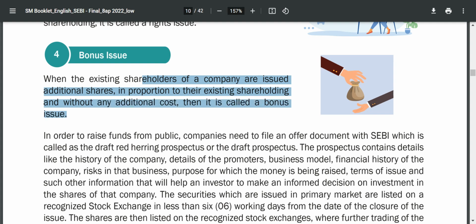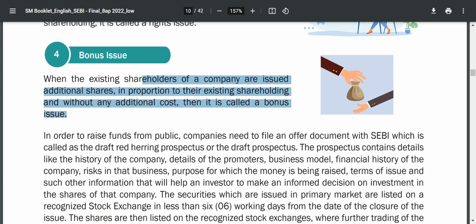The company issues more shares, which just dilutes the number of shares. Assume a company ABC has a total market cap of $100 million, and it has 1 billion shares.